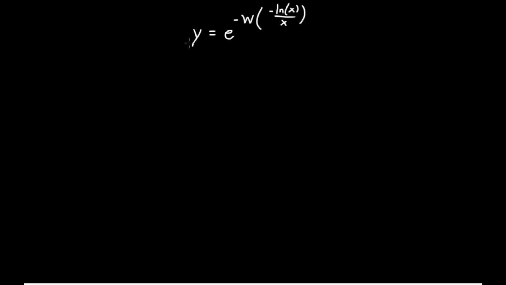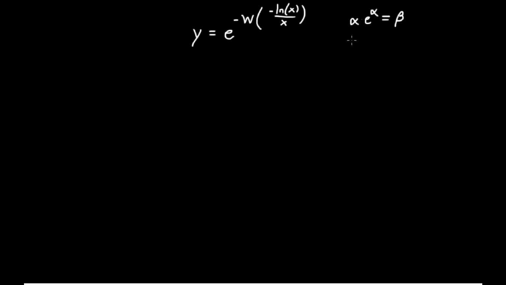Now I could leave y as this formula here. This is a perfectly computable formula for y in terms of x. But when I have e raised to some argument involving the W function, it turns out there's a nice substitution I can make to rewrite this. To show you what that substitution is, let's say I had some number alpha times e to the alpha power, and that produces some other number beta.